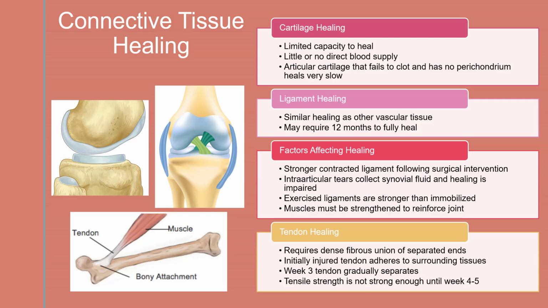Full healing may require 12 months for ligamentous healing. The factors that affect healing are: surgically repaired ligaments tend to be stronger due to decreased scar formation. With intra-articular tears, synovial fluid will dilute the hematoma and prevent clotting and spontaneous healing.